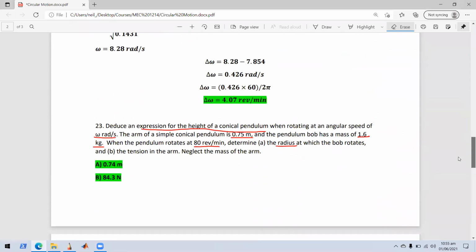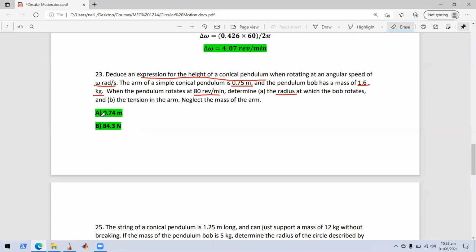Yeah, the answers are right there: 0.74 and 84.3 newtons. Did you get these or not? I'm finished. Yes. I got the 3.9 and 0.74.